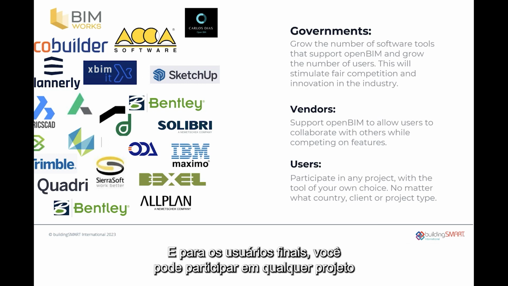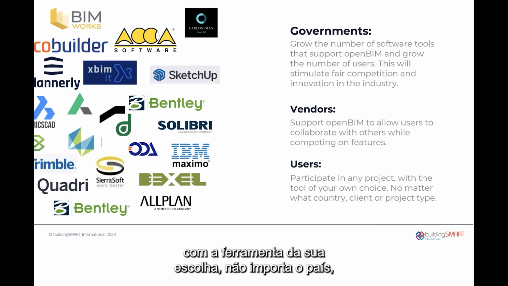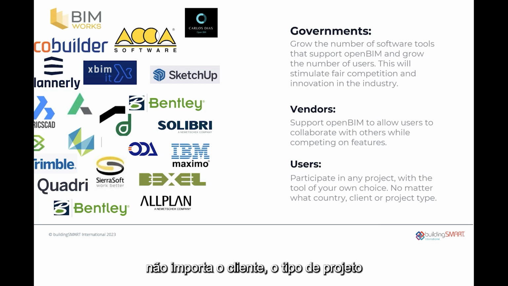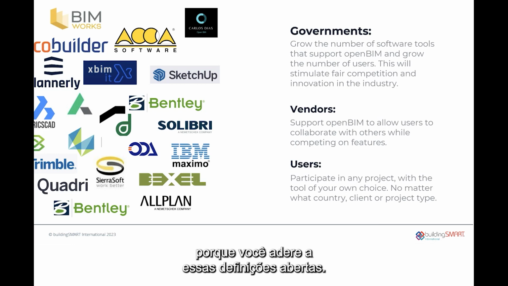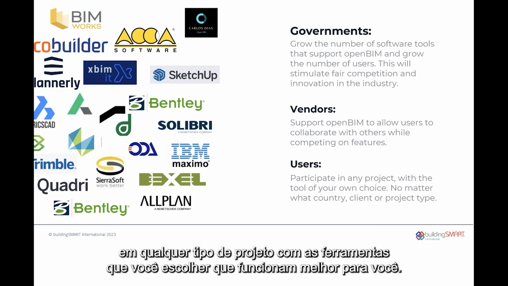And for end users, you can participate in any project with the software tool of your choice, no matter what country, client, or project type. Because you adhere to these open definitions, you can hit the ground running and participate in any kind of project with the tools you choose that work best for you.